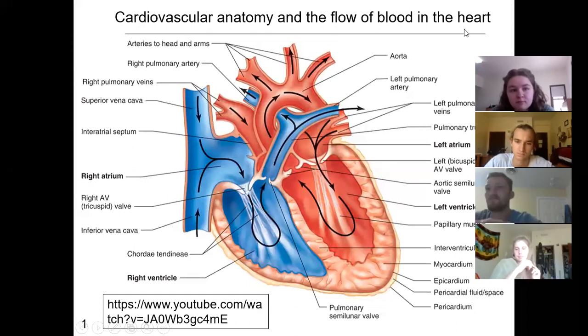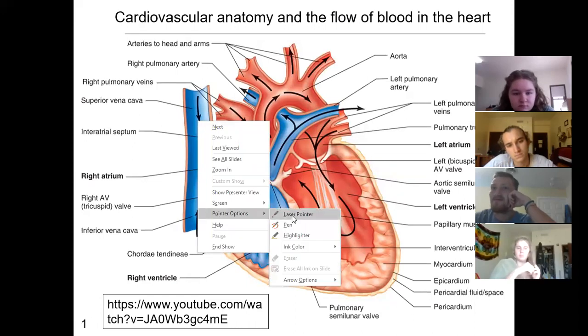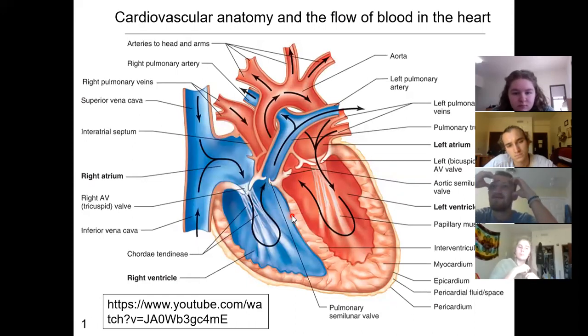Okay. Right click, you can see the laser pointer option. Oh yeah. Okay, thank you very much, whoever that was. All right, let's do this again. Now we're recording.